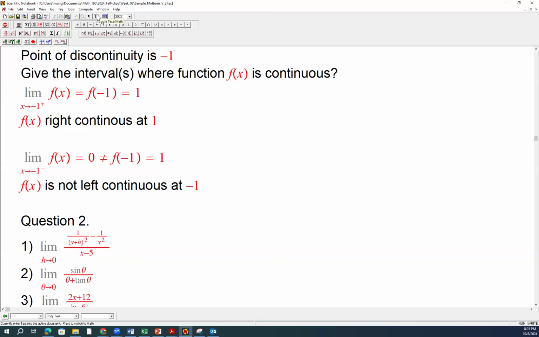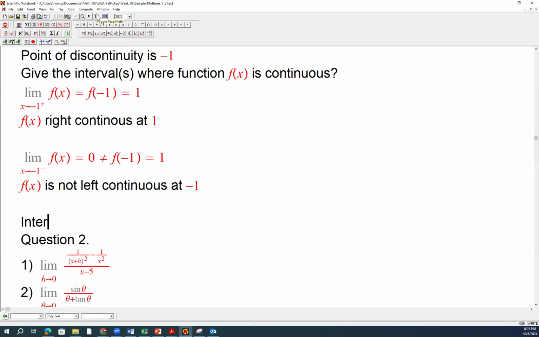So now the interval of continuity for the function. Let's say it this way: f of x is continuous on intervals.